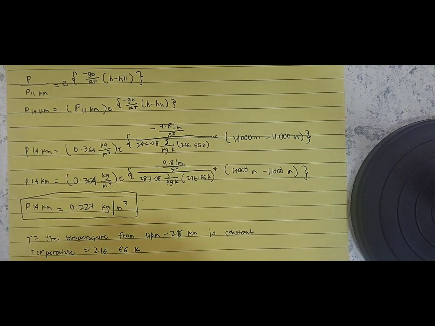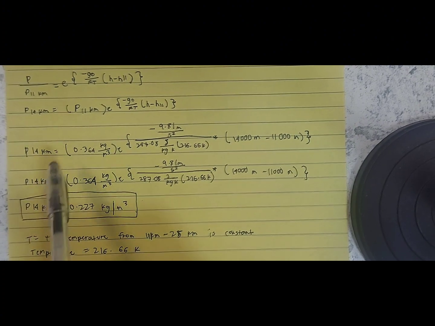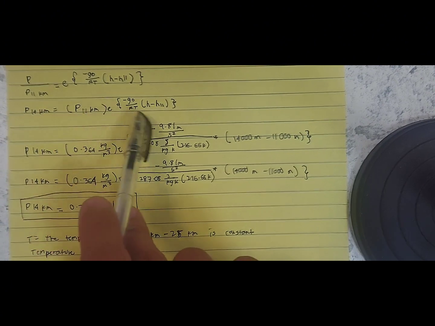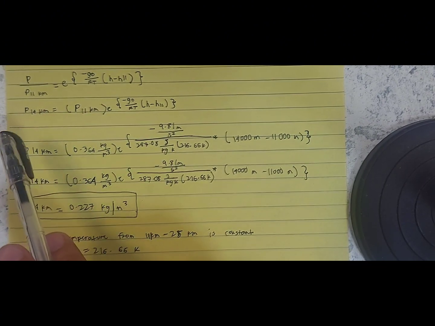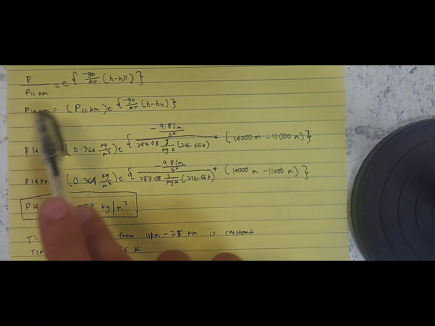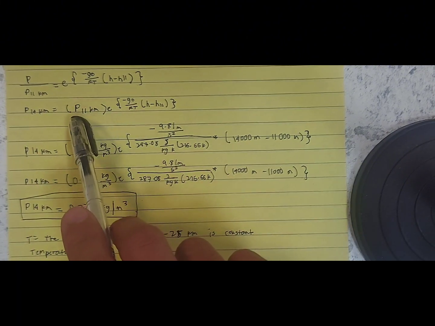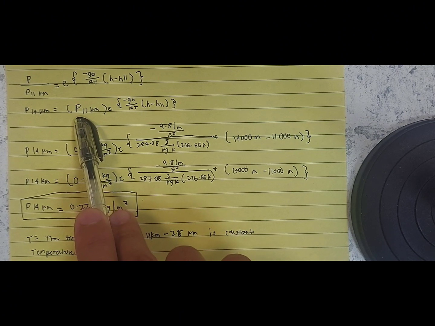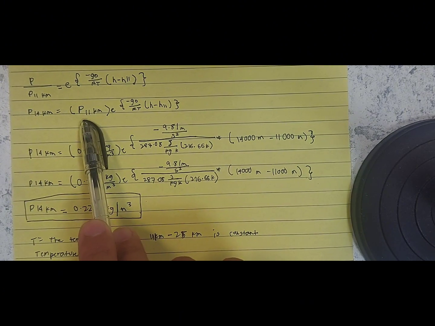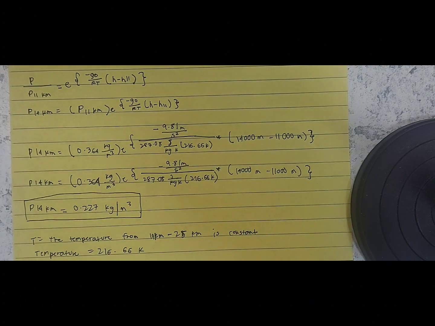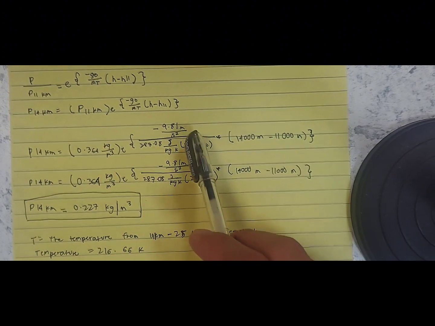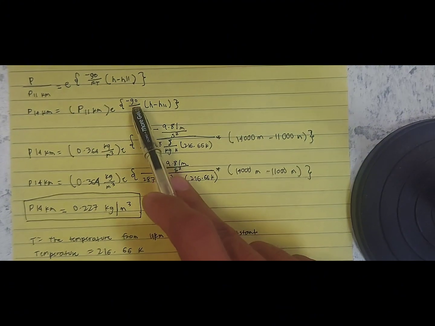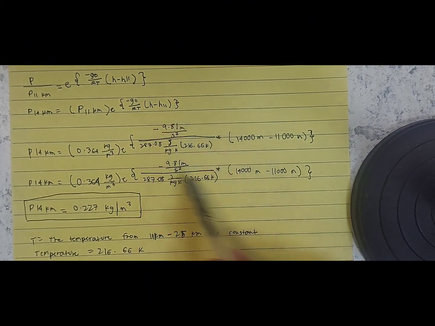So, proceed tayo sa pagkuha sa density. So, here sa density, same equation, ang magbabago lang is, hanapin natin ang density in 11 kilometers. Then, i-substitute lahat ng values na kailangan. The g, the RT, the difference in height, everything.